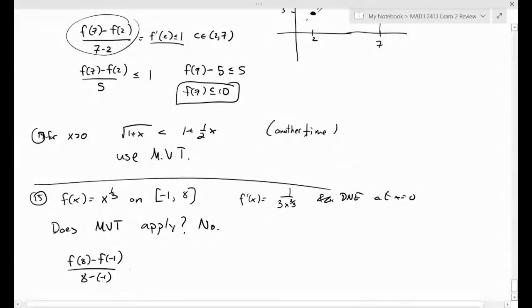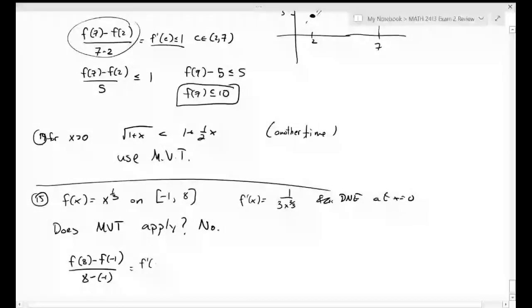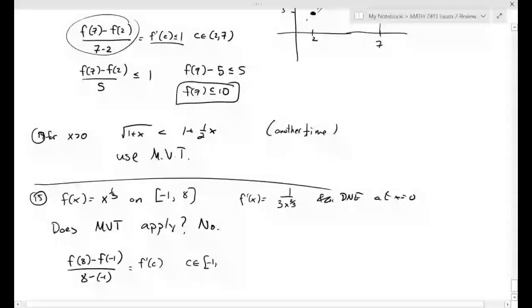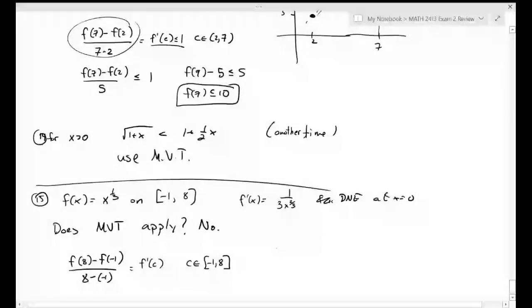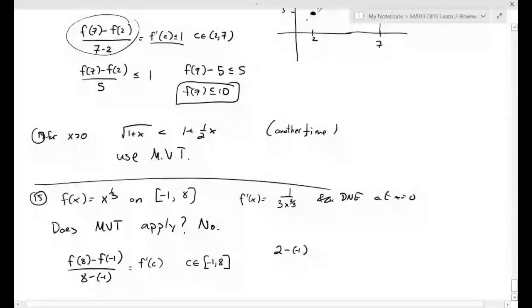There's no guarantee because the mean value theorem doesn't apply, but there might be. So what's f of 8? f of -1 is going to be 9. The derivative of c. All right, so you get 3 over 9, or 1/3.